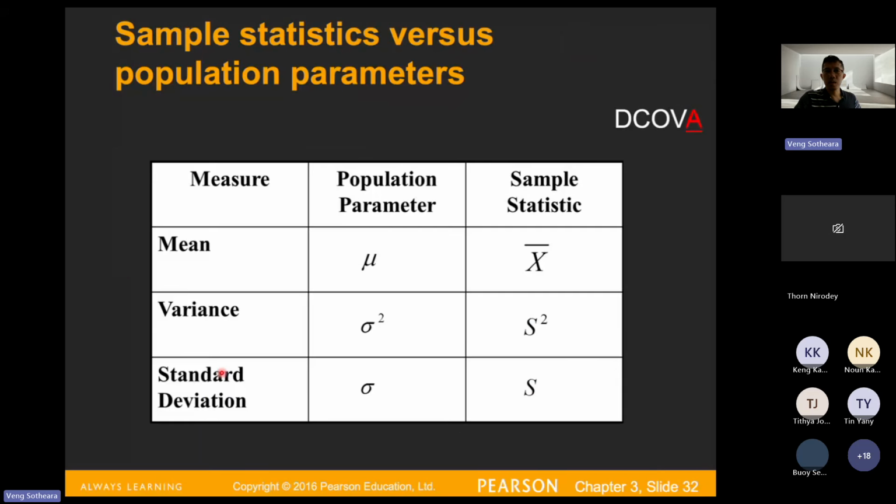So this is the summary of those measures. Basically, mean, variance, and standard deviation are the most common measures of a data set. You need the mean to tell how your performance was for the first semester.